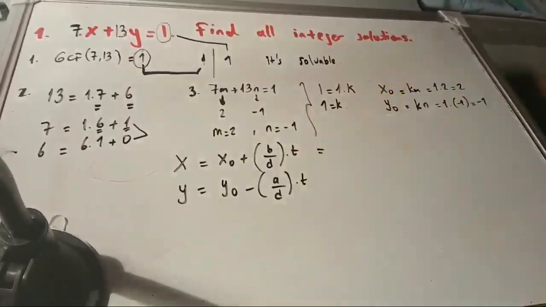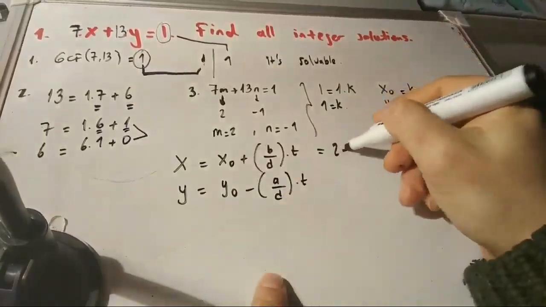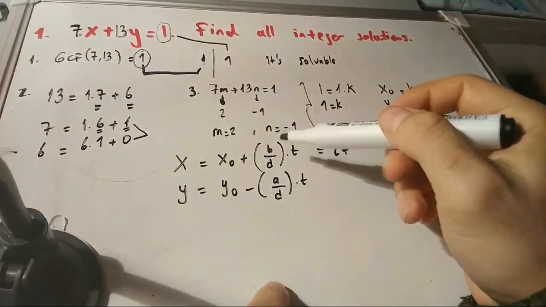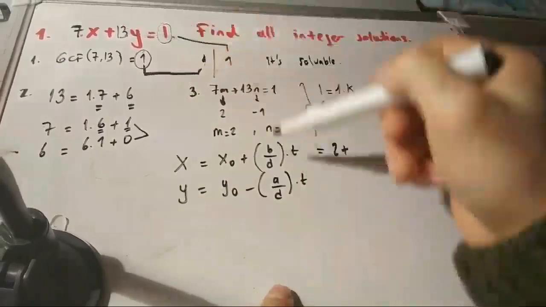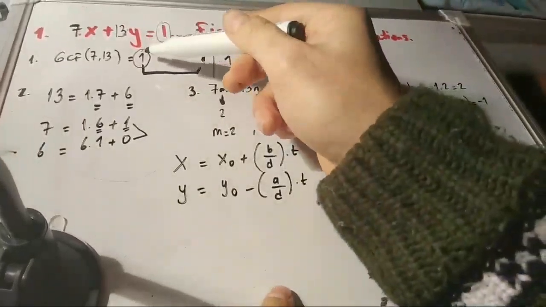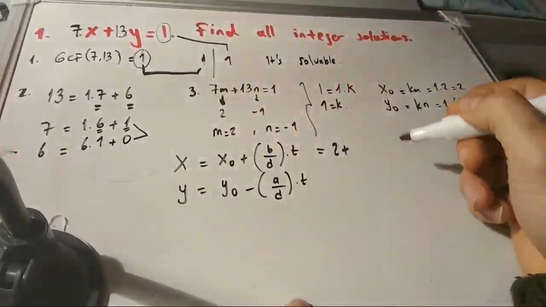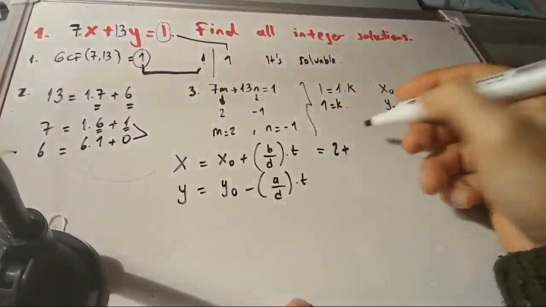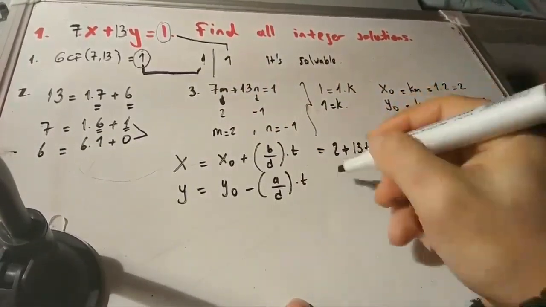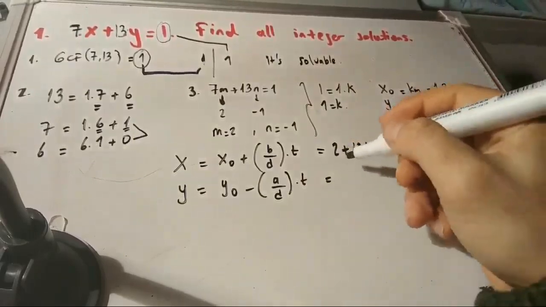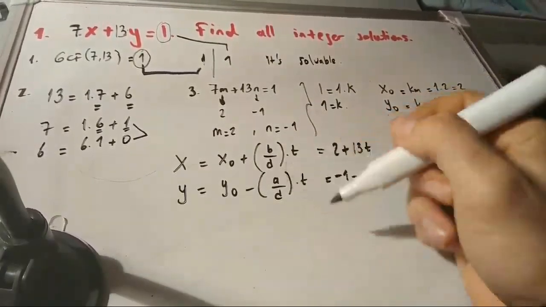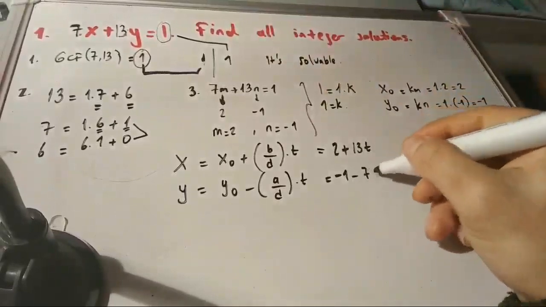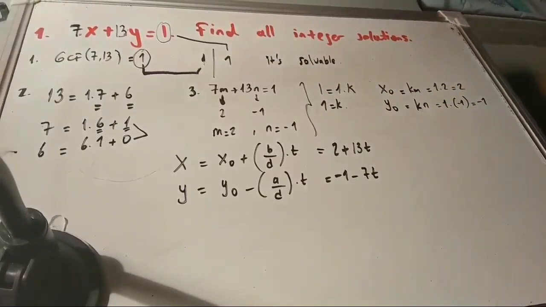And from here, for x, x0 is 2 plus, what is b? 13. d is the greatest common factor of 7 and 13, which means 1. So 13 over 1 is 13, so 13t. And y is negative 1 minus a over d, 7 over 1 is 7, so 7t. So we got for x is 2 plus 13t, for y is negative 1 minus 7t.